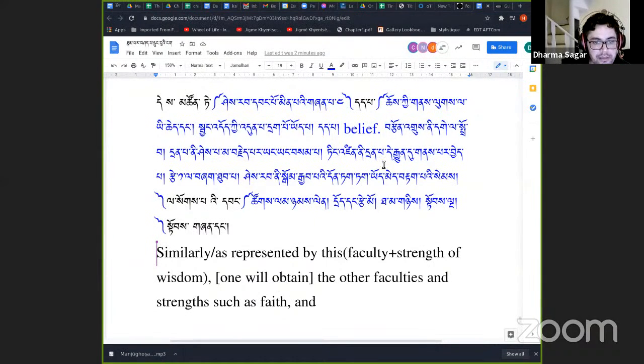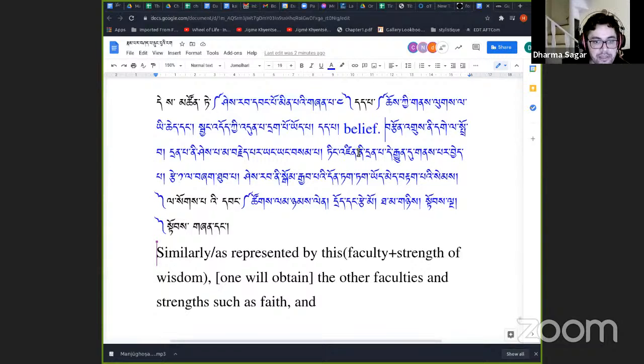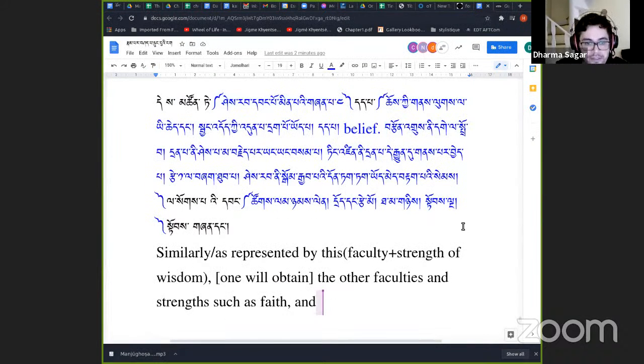And then here, the next one, which is meditative concentration, is what we are mindful of, so what we are not forgetting, to make it so that it remains and maintains itself, in a continuity, without ever ceasing. And so this is what is meant by this meditative concentration, tingedzin or samadhi.